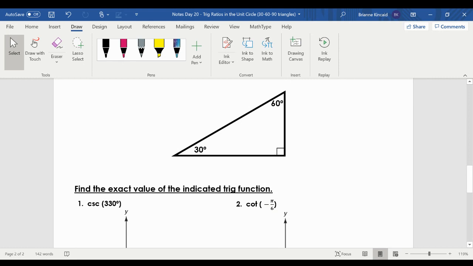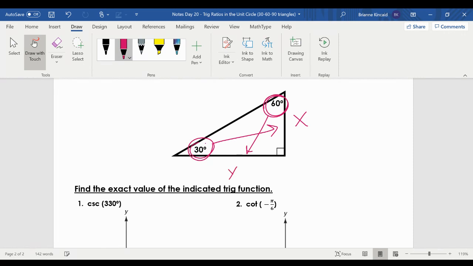So in a 30, 60, 90 triangle, remember, this is my smallest angle. It's across from my smallest side, so I give that x. 60 is my bigger angle, so it's across from the bigger side. That's x radical 3. And the hypotenuse is always across from the 90-degree angle, which in this case is 2x.